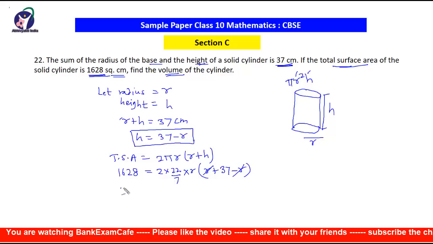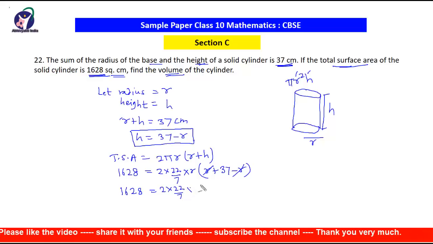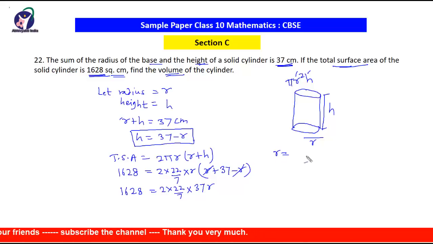Put 37 minus r, close the bracket, r will get cancelled, and here you will get 1628 equal to 2 into 22 by 7 into 37 r. Therefore r will be equal to 1628 multiplied by 7 upon 2 into 22 into 37.